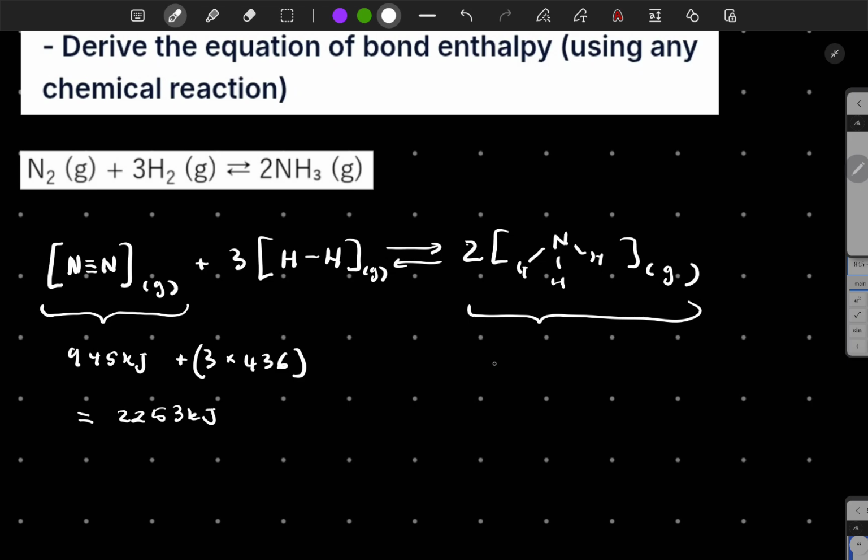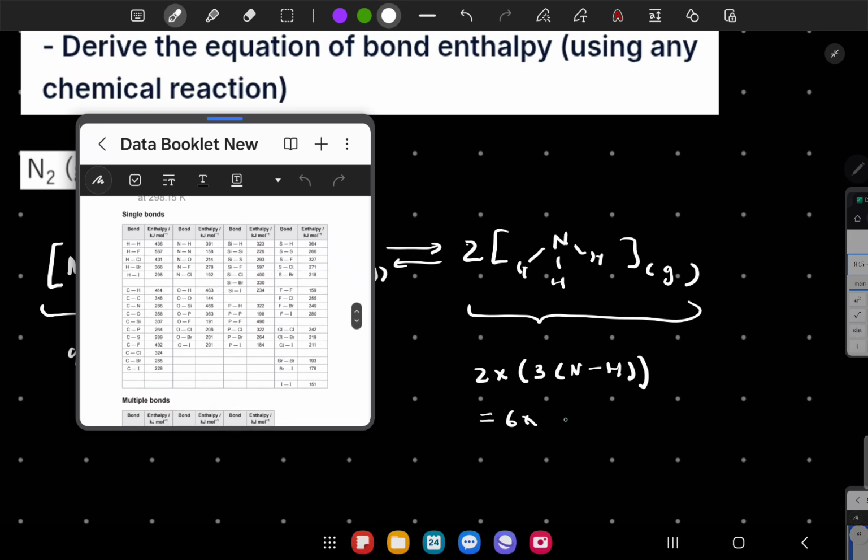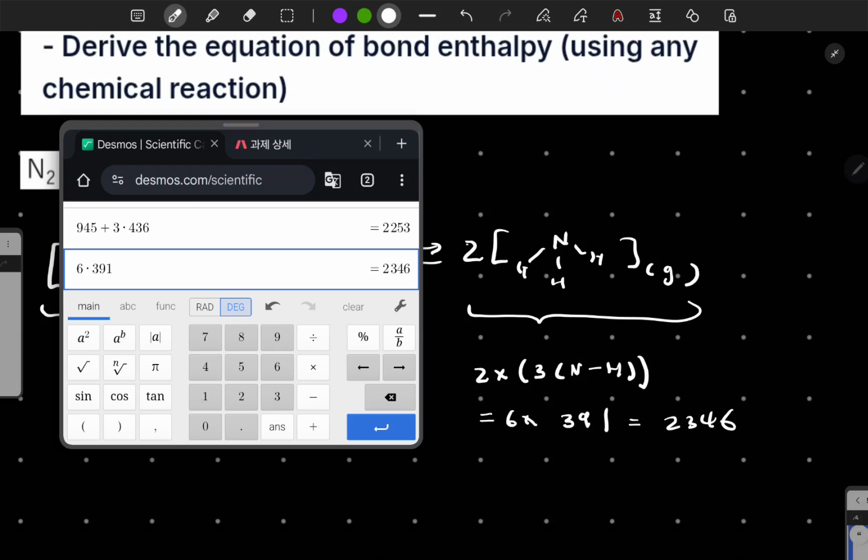So in this case, since it's 2 moles, it is 2 multiplied by 3 N-H bonds, which can be turned into 6 multiplied by N-H, which is 391. If you pull up a calculator, 6 times 391 is 2,346, but let's be reminded that we have to add a negative, so it's negative 2,346 kilojoules.